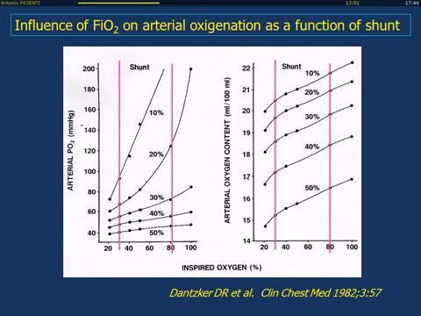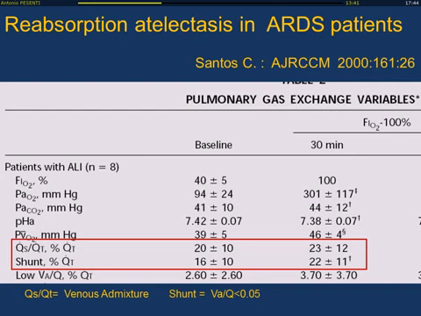The simplest way we have to correct PO2 is to increase FiO2. However, we should keep in mind that increasing FiO2 may favor reabsorption atelectasis.